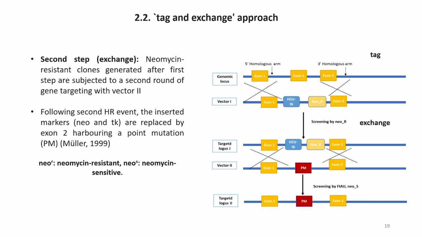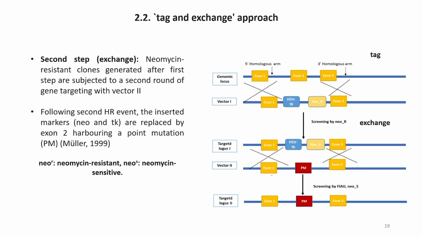Now, in the second step, which is the exchange step, the neomycin resistant clones which are generated after the first step are subjected to a second round of gene targeting with vector 2. This is vector 2 with exon 1 and exon 3 and another sequence which lies in between exon 1 and 3, and there is homology between exon 1 on the left side, as you can see, and homology on the right hand side between the exons 3.